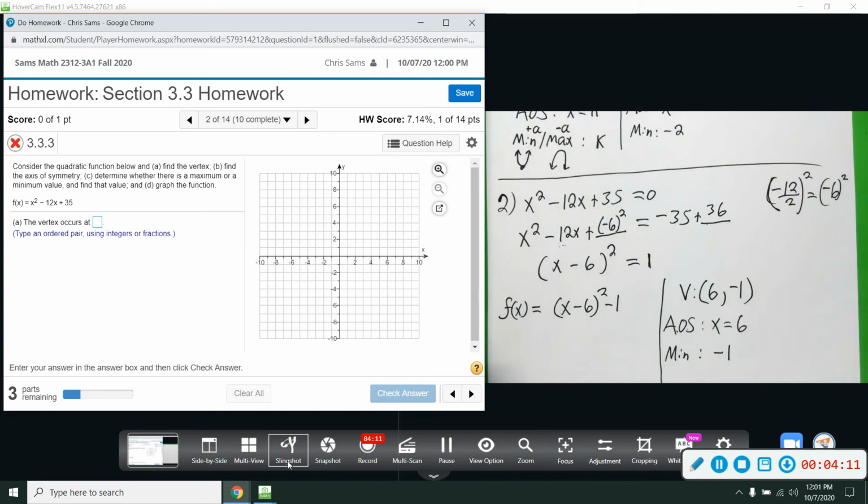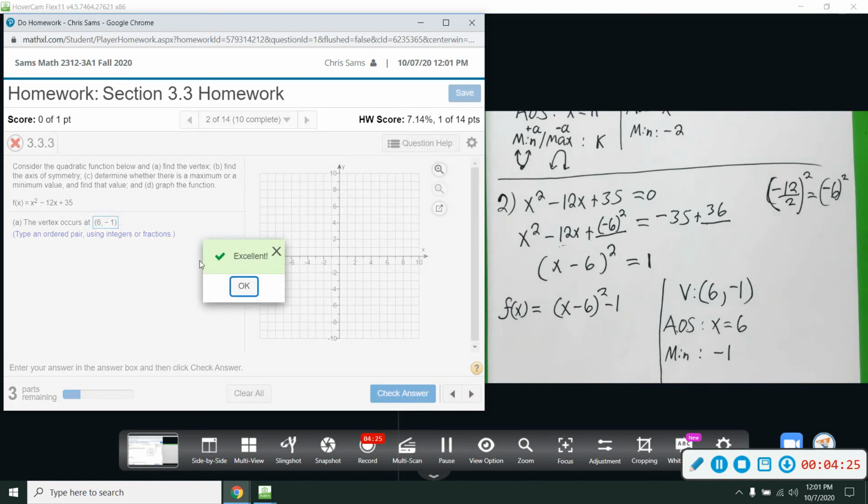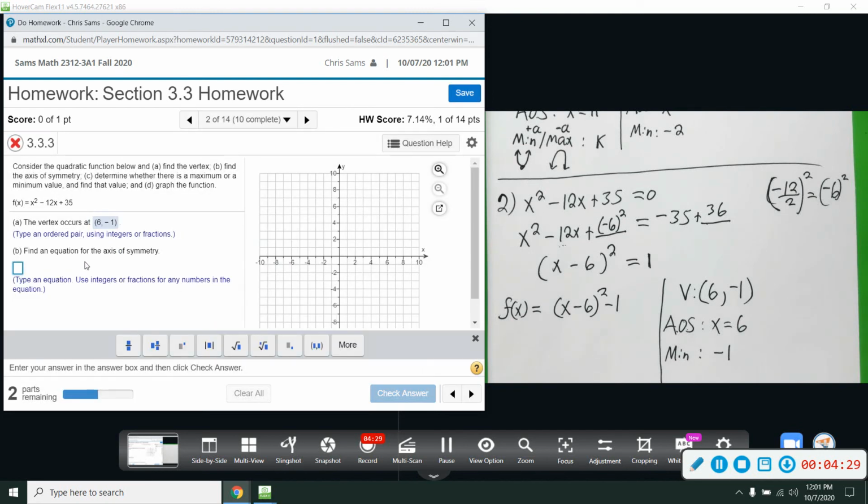And then we're also going to have to graph it here. So we'll do that on the graph. So the vertex occurs at 6, negative 1. All right, the equation for the axis of symmetry, x equals 6.